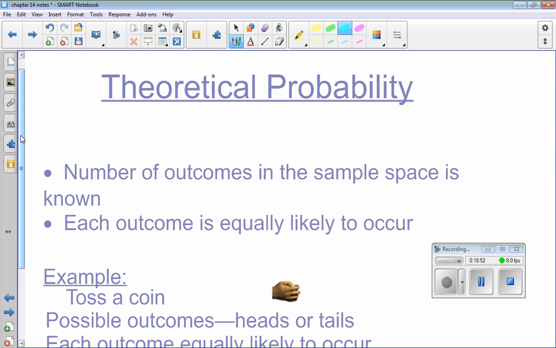But I want to talk about the difference between 2 different kinds of probability, and I'd first like to talk about theoretical probability, and we're going to start there. And then we have something called empirical probability, and that's based on an actual experiment, or maybe a probability that we found doing a simulation.